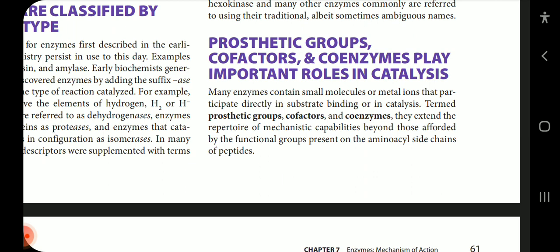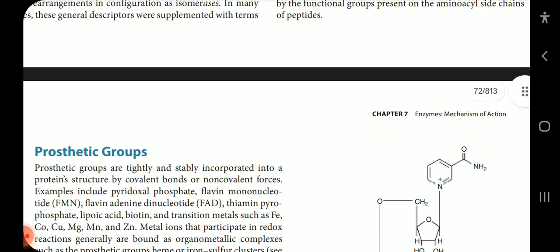Prosthetic groups, cofactors, and coenzymes play important roles in catalysis. Many enzymes contain small molecules or metal ions that participate directly in substrate binding or in catalysis, termed prosthetic groups, cofactors, and coenzymes. They extend the repertoire of mechanistic capabilities beyond those afforded by functional groups present on the amino acid side chains of peptides.